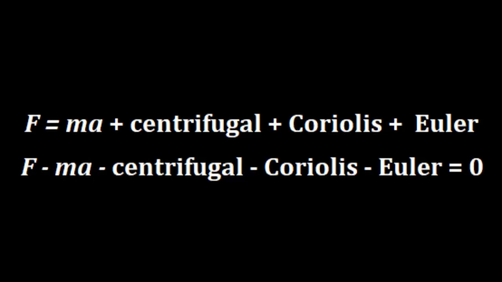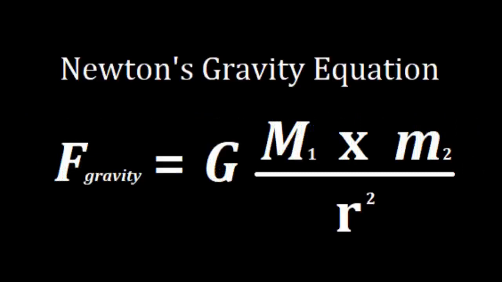A third problem for Newton was that although his gravitational equation depended on the distance between the masses in the equation F equals mass 1 times mass 2 divided by the radius of their distance squared, this assumed that the force of gravity between the two objects was instantaneous, since his equation includes no factor for reaction time. This meant, of course, that gravity would have to be the fastest known force in the universe. But Newton had no explanation for what even caused gravity, much less how it could travel so fast.